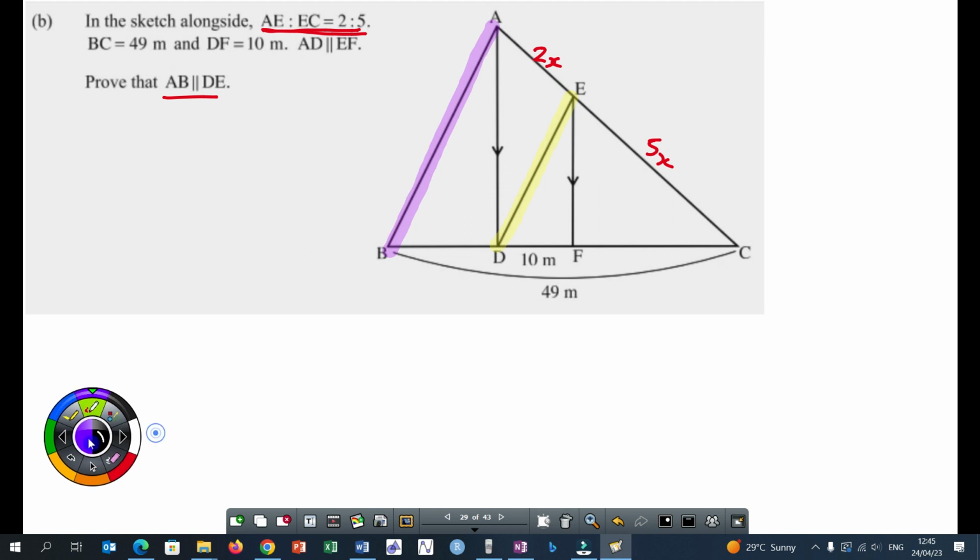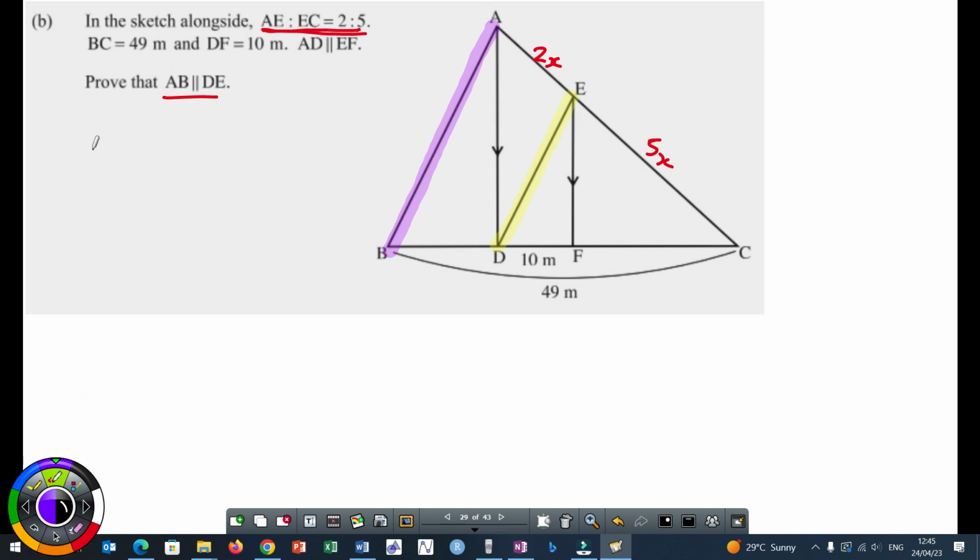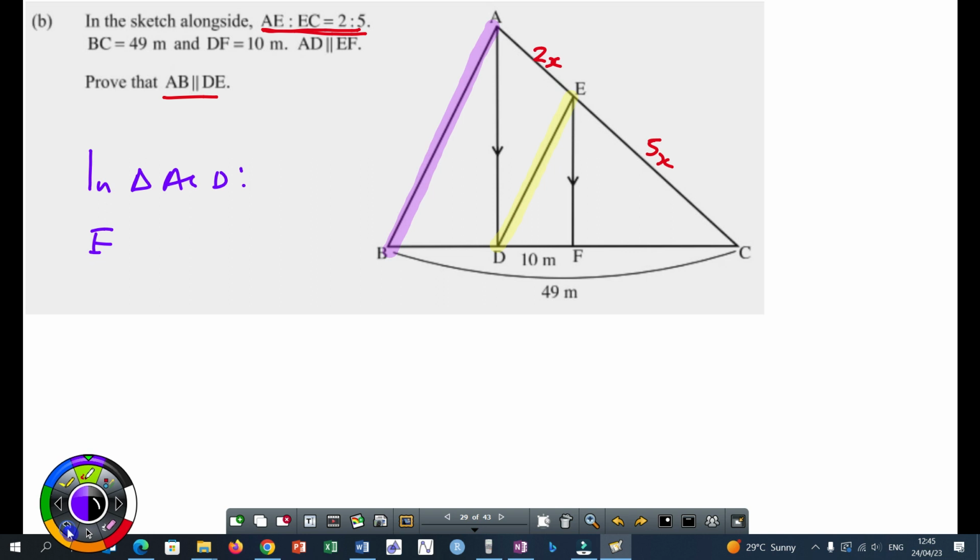In which triangle? Well, for me, it's going to be triangle ACD. Okay, so in triangle ACD, I can write my proportion theorem. In fact, let me write what I want to calculate first, the ratio of what I'm going to calculate. So that will be CF divided by DF.